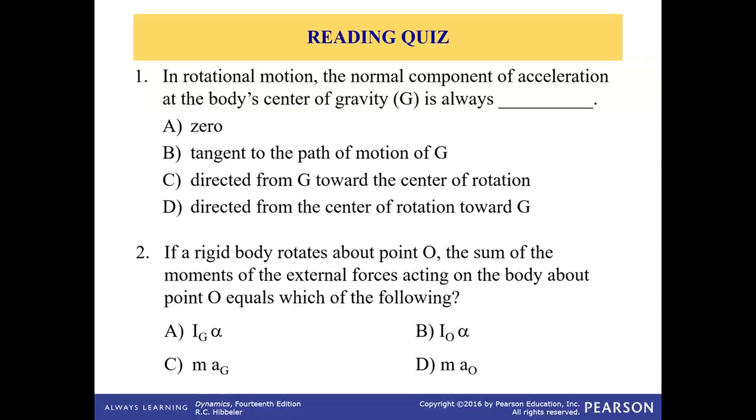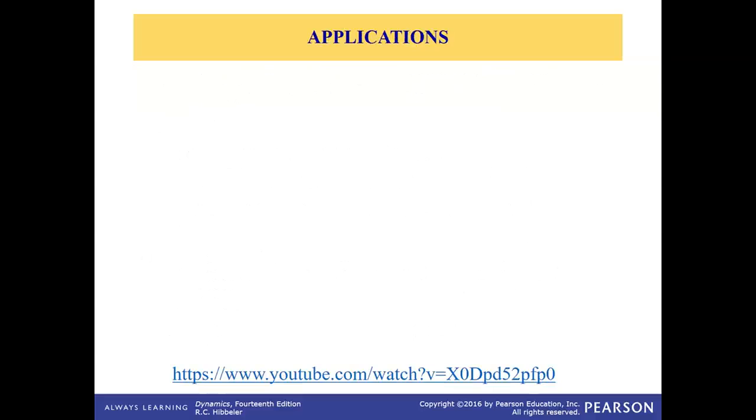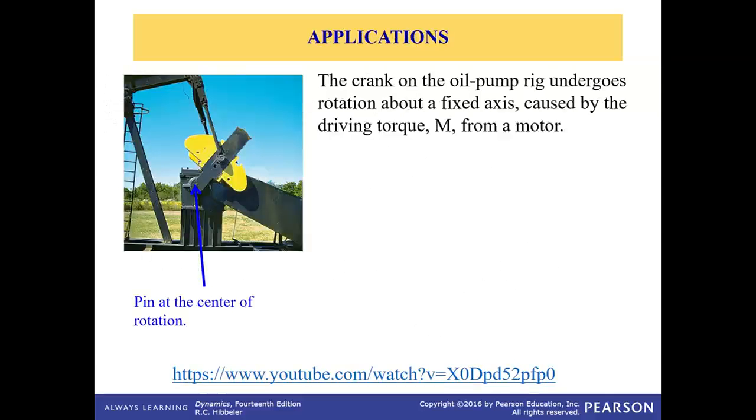The correct answer is I_O alpha, which is option B. So when a body rotates about any point, the sum of moments about that point of rotation is equal to the moment of inertia about the same point multiplied by the angular acceleration of the rigid body, which is alpha. We will go through the derivation and you will see the solutions of this reading quiz in the lecture. So let's talk about the application.